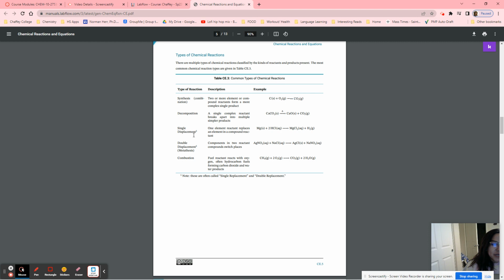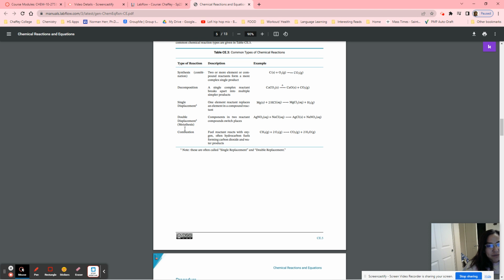A single displacement is what we call our home wrecker. So this single element comes and wrecks this molecule, breaks it apart, right? So you get something else by itself. So the single element came and a single element was left out. Double displacement reaction, okay? In this case, two molecules replace each other. So like the cations or anions switch spots and you make two different molecules.